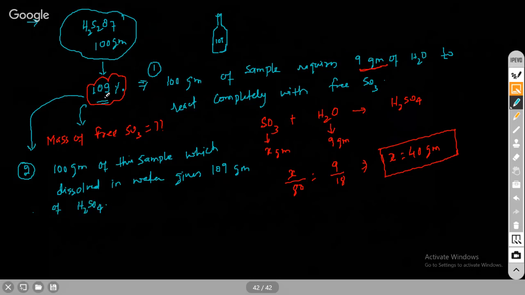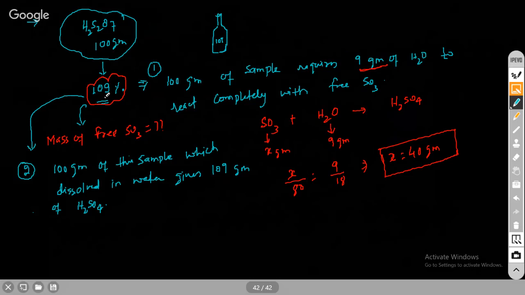Means if 109% is labeled, that means you take 100 grams of that sample, put it into water, then the total mass of H2SO4 that we have calculated in the previous slide, the total mass we will get is 109 gram. So if the bottle is labeled 105%, it means we'll get 105 gram of H2SO4 in total. 110% means we'll get 110 gram of H2SO4.